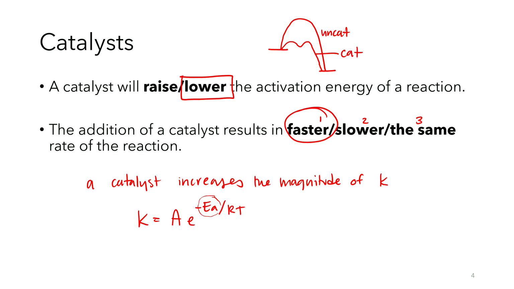It's making it smaller. When that is smaller, K gets bigger. A bigger K means a faster rate. Because remember, we just plugged this straight into our rate law. If the number is bigger, then the rate is bigger. Okay? So these are just some basic things you need to know about catalysts for tomorrow.